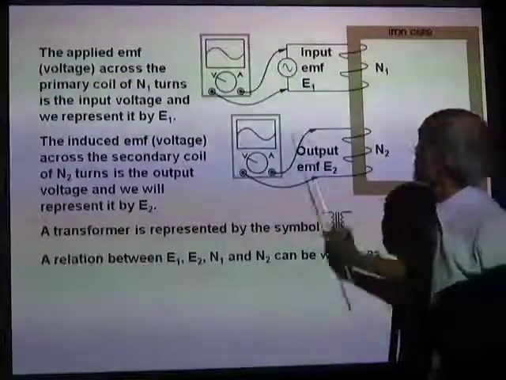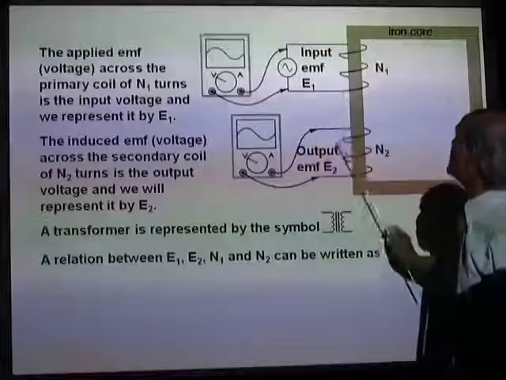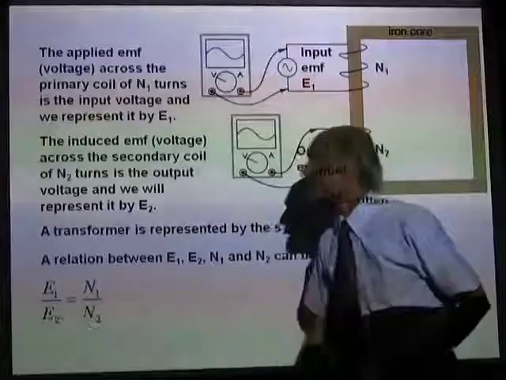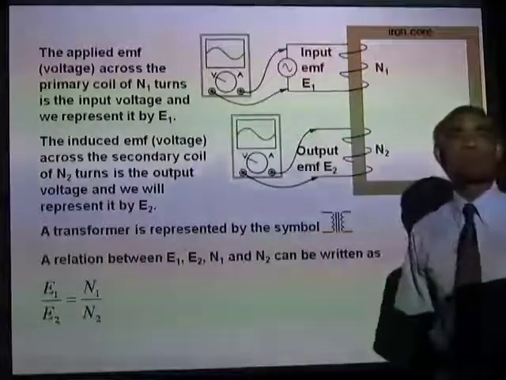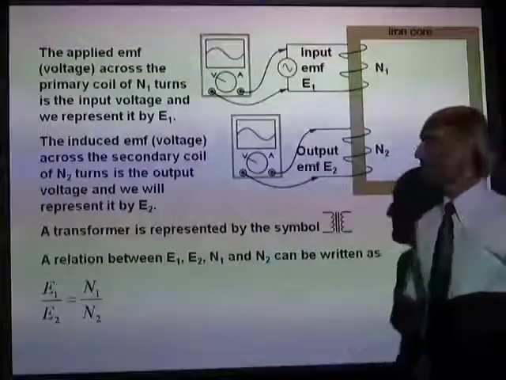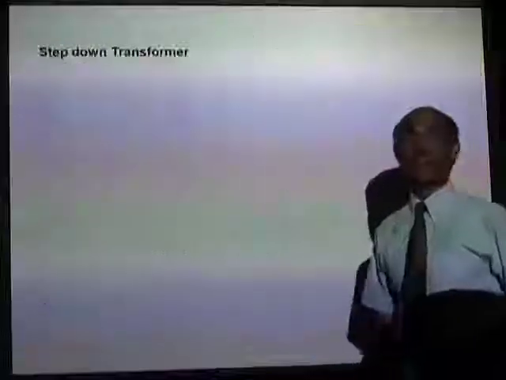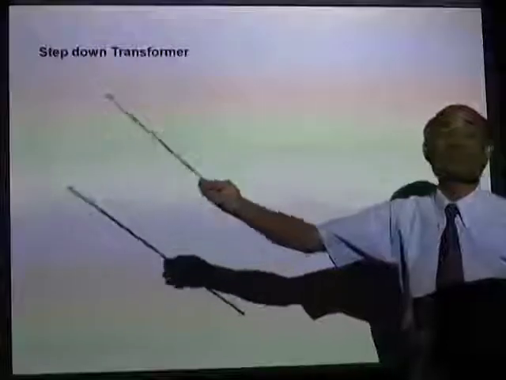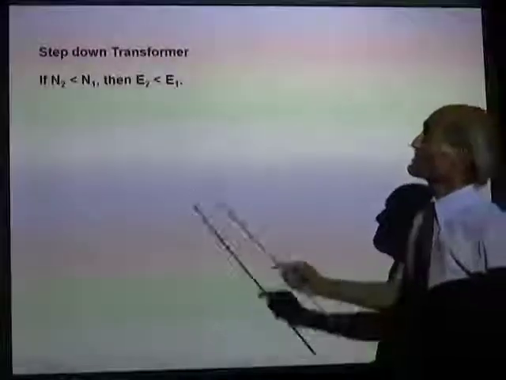Now, a relation between E1, E2, N1 and N2 is E1 divided by E2 equal to N1 divided by N2. Very simple relation. That means you can either have a step-down transformer or a step-up transformer.